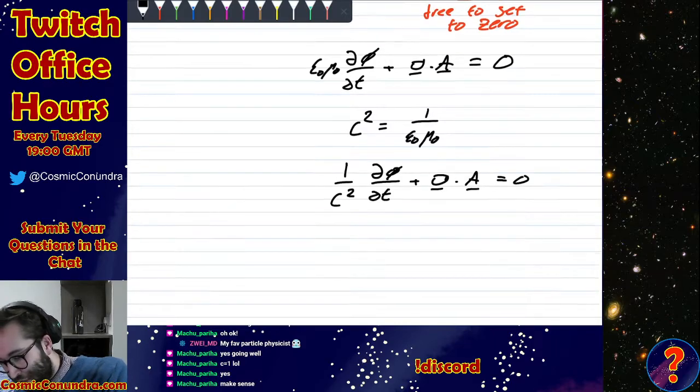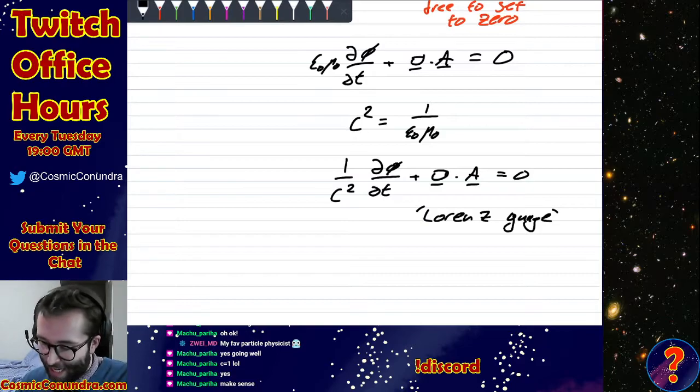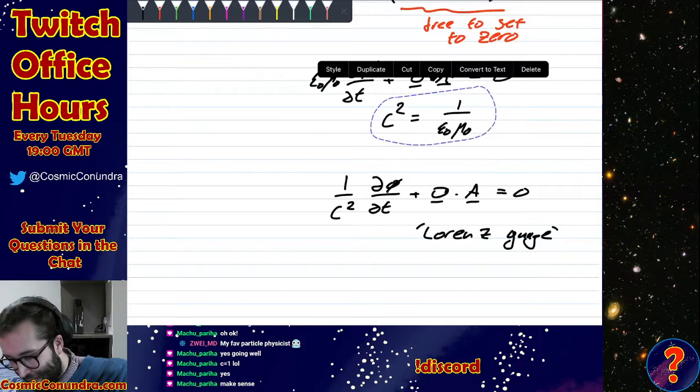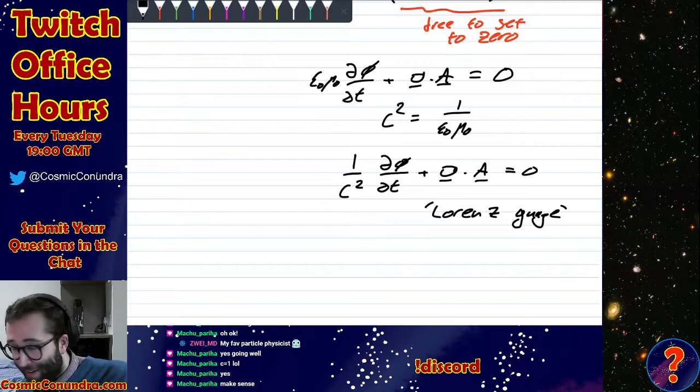This is my gauge condition, and this is often called the Lorenz gauge. Not the Lorentz with a T gauge. Lorenz and Lorentz, different people. I think often people accidentally call the Lorenz gauge the Lorentz gauge. I mean, I definitely always do. In fact, I may have got it the wrong way around. It might actually be Lorentz. I'm pretty sure it's Lorenz, though.